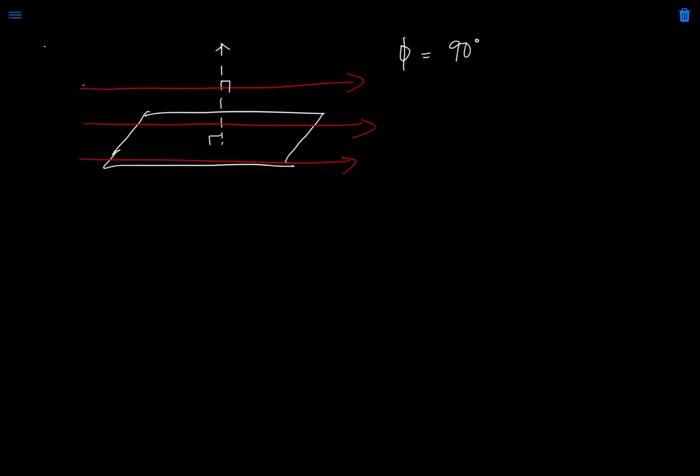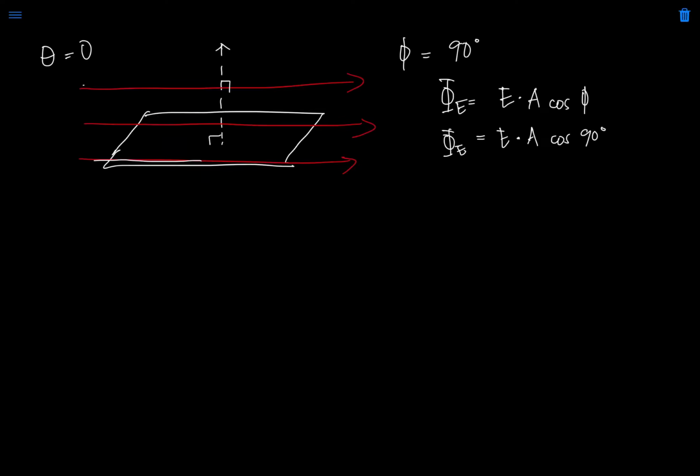And the angle theta, or the angle between the electric field and the surface, is equal to 0, or the electric field is parallel to the surface. So the electric flux for this one will be E times A cosine phi, wherein our phi is equal to 90 degrees.